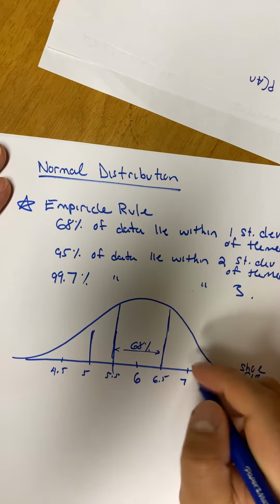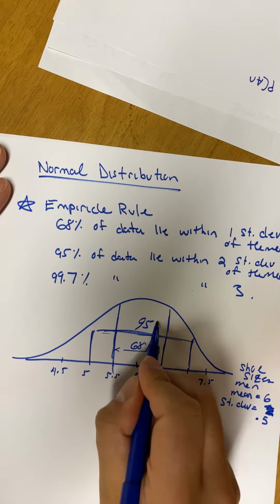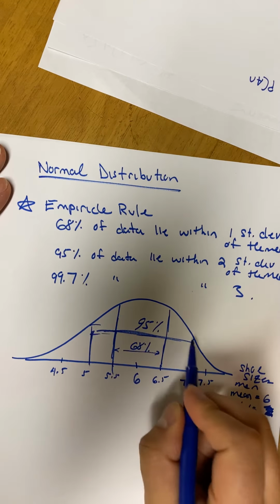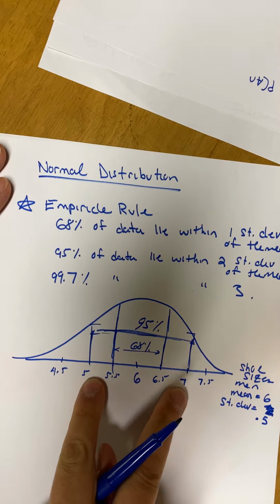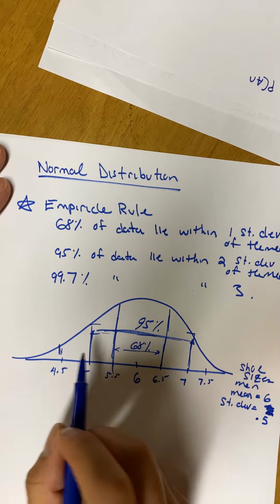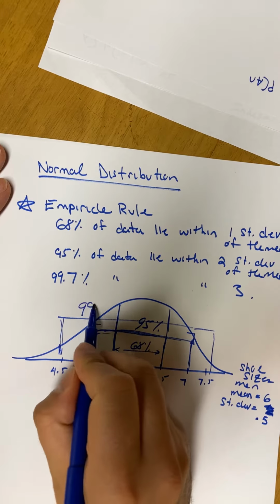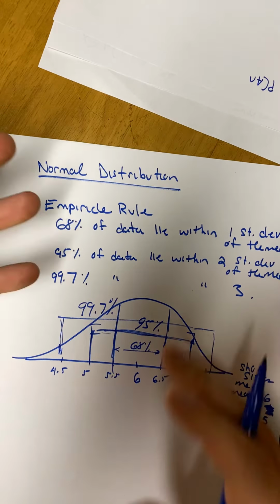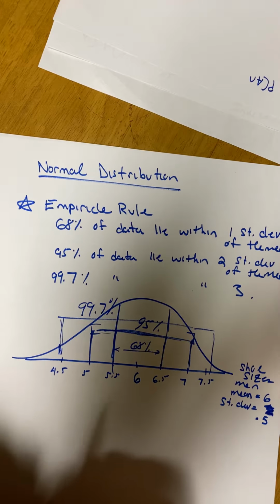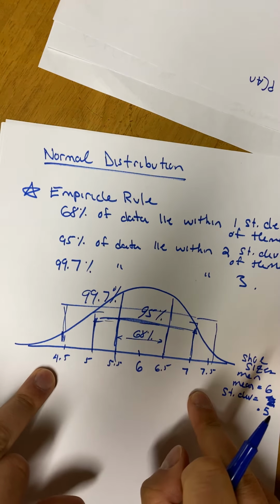Within 2 standard deviations, 95% of all men will be between 5 and 7. And 99.7% of all men will have shoe sizes within 3 standard deviations, or 4.5 to 7.5.